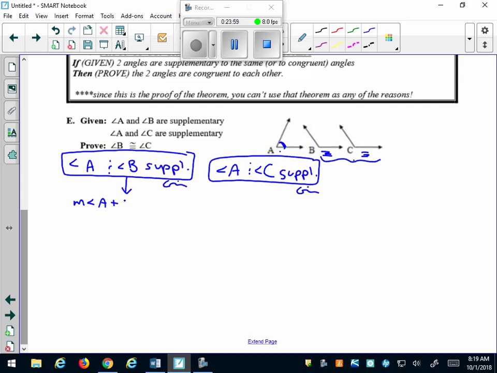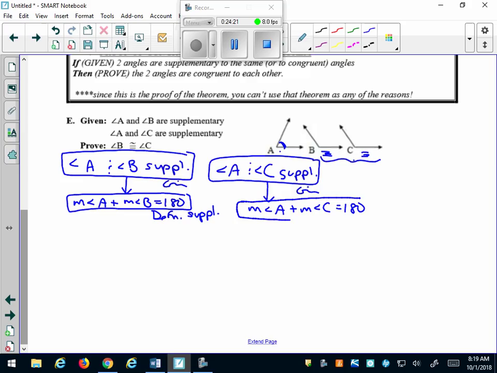Measure of angle A plus measure of angle B must be 180, because from that given statement, that's about the only thing we can conclude here. Definition of supplementary. And then A and C are supplementary, so we can say measure of angle A plus measure of angle C equals 180. Definition of supplementary.